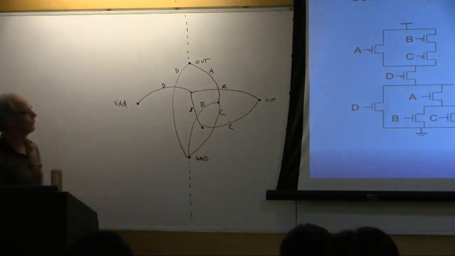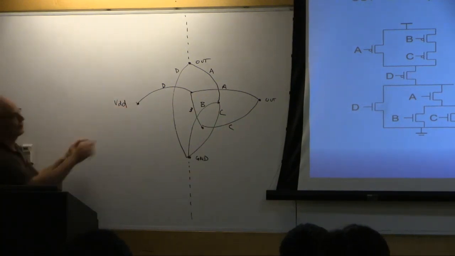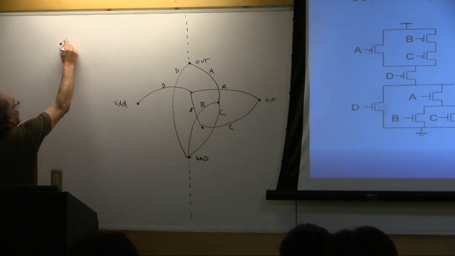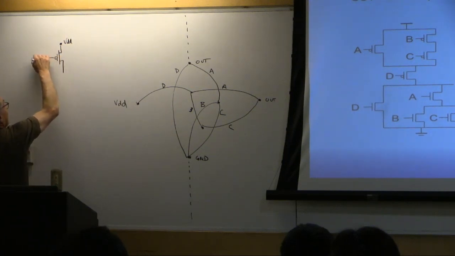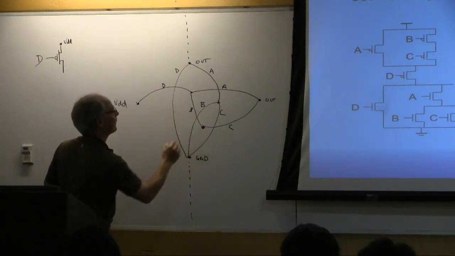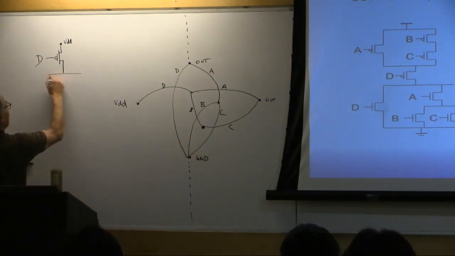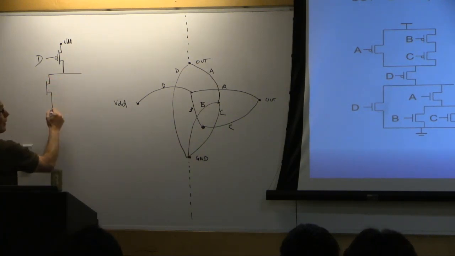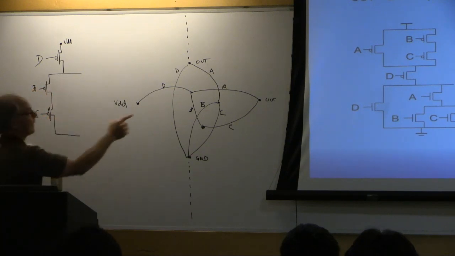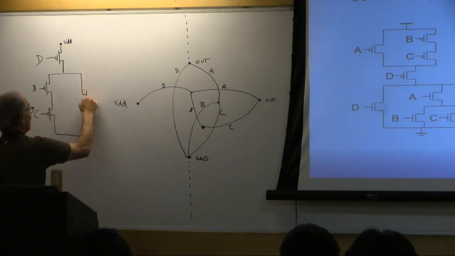And then we can draw the circuit that's associated with that new graph that I drew at 90 degrees. So I have VDD, and it has a D transistor, and in parallel with that, B in series with C. And then in parallel with that, an A transistor.